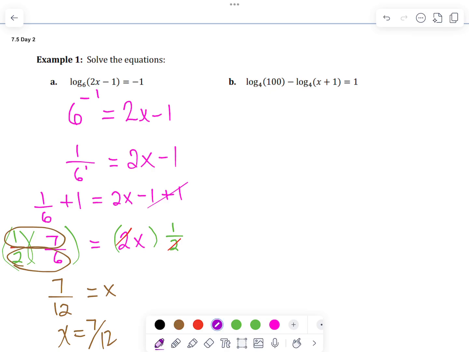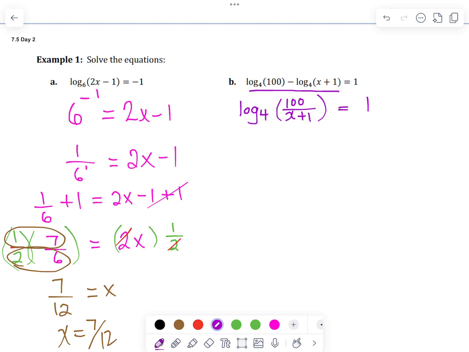All right, here's our second example. Notice that these two logarithms have the same base, and the operation between them is subtraction. So we can condense that left side into a single logarithm by division using our quotient property. So we take 100 divided by x plus 1.